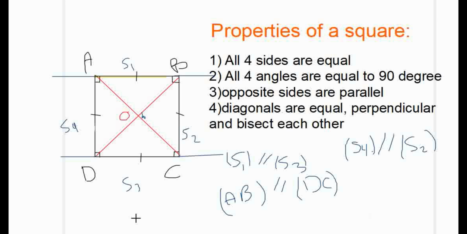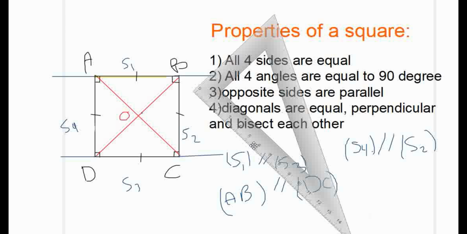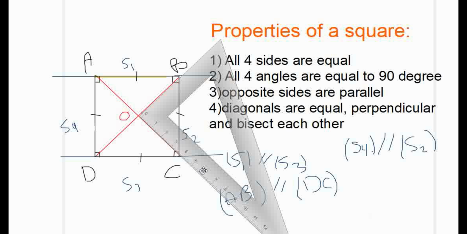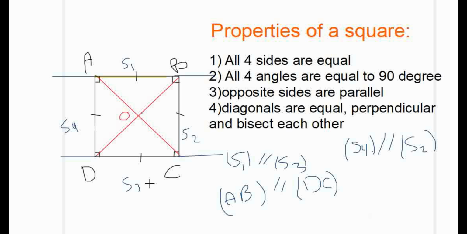Perpendicular means they have a 90-degree angle between them. So this angle is 90 degrees. We can check if the diagonals are perpendicular by using a set square, and we put it in the angle formed between the two diagonals, and you can see that it fits correctly. So this angle is a 90-degree angle. So the diagonals are perpendicular.